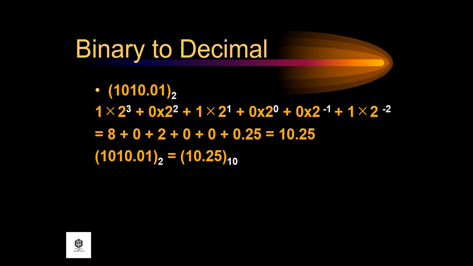Doing the operation, it would be 8 plus 0 plus 2 plus 0 plus 0 plus 0.25 for the fractional part, which is equal to 10.25. So the 1010.01 binary number is equal to 10.25 in decimal.